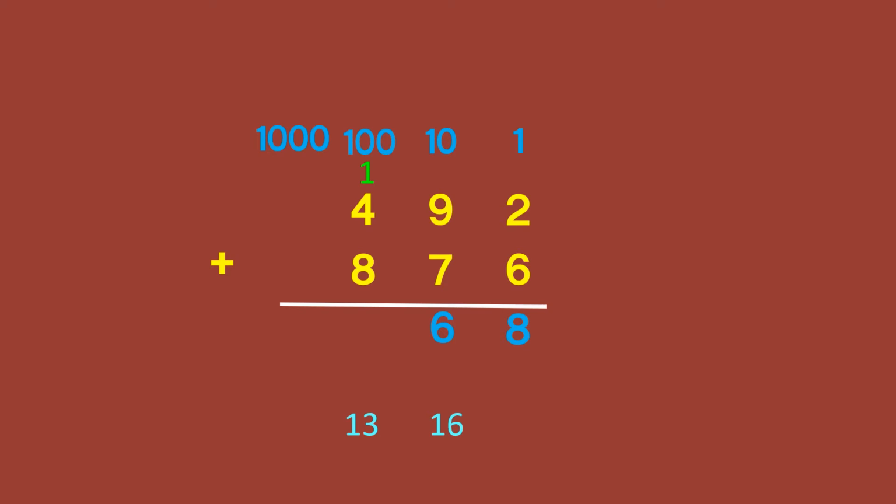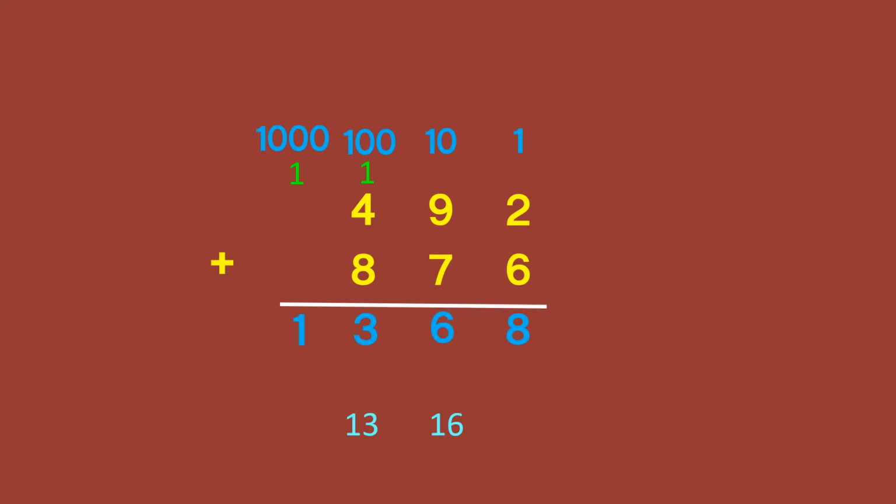Therefore, only 3 remains under hundreds place. So, we'll mention 3 under hundreds place. The remaining bundle of 10 is given to thousands place and it becomes only 1 in thousands place. So under thousands place we have got only 1. So we have to mention it under the thousands place.